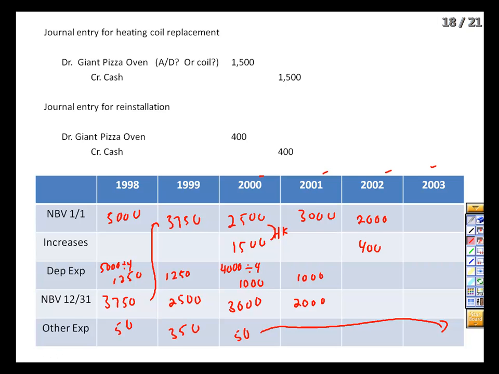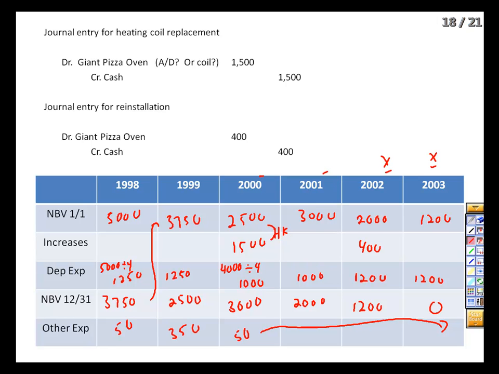That cost is now added to the book value of the asset, and we now have $2,400 of asset value that needs to be depreciated over 2 years. So this gives us $1,200 of depreciation expense in year 2002, giving us $1,200 of book value, and we've got $1,200 of depreciation expense in 2003, and now we have a net book value of 0. We have now fully depreciated the asset.